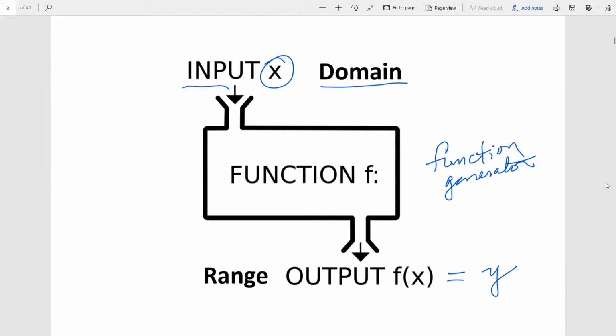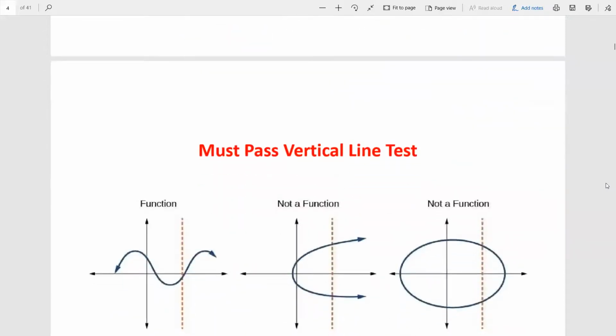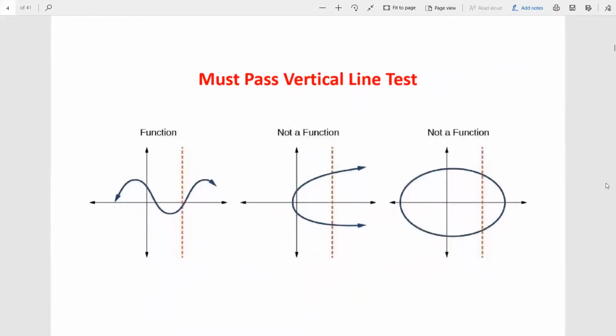So the output is the range, the input is the domain. Now, it's very important to realize that for any value of x, like x1 in this graph, you get one and only one value, y1, corresponding to that one input.